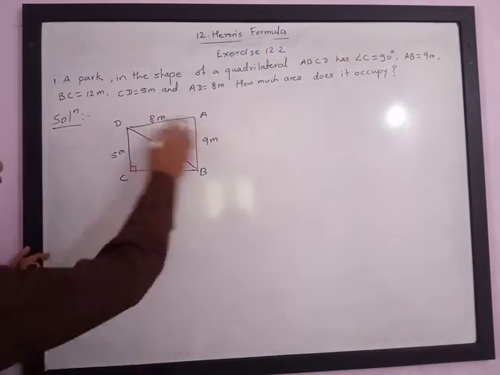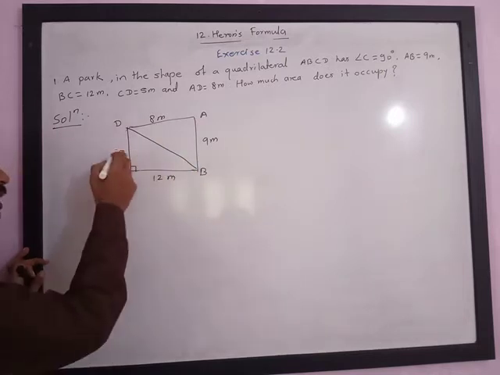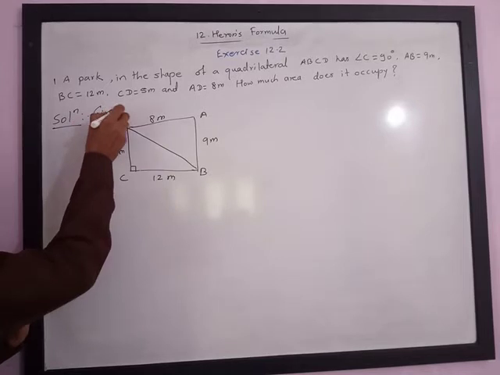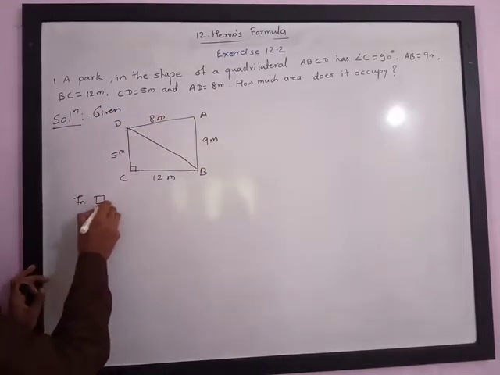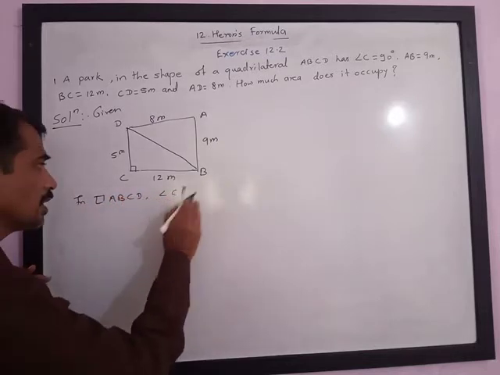Now to find the area, how much area does it occupy? To find the area, first let us find the area of the triangle BCD. So what is given? Write the given things first. We are given the figure, then we are given in quadrilateral ABCD, angle C is equal to 90 degrees.